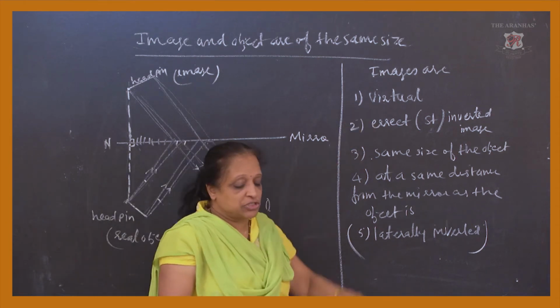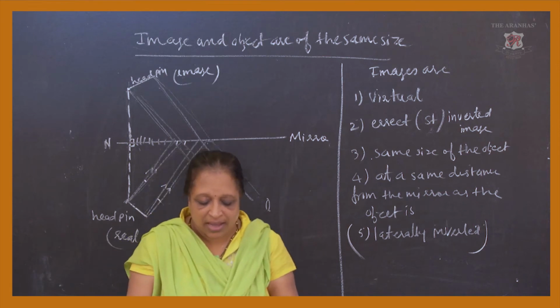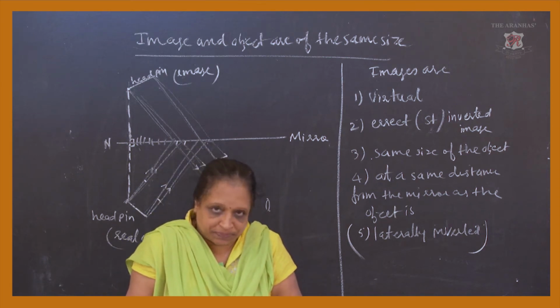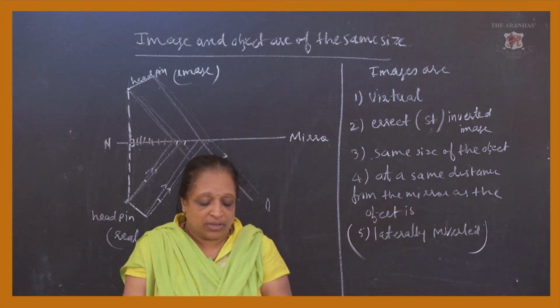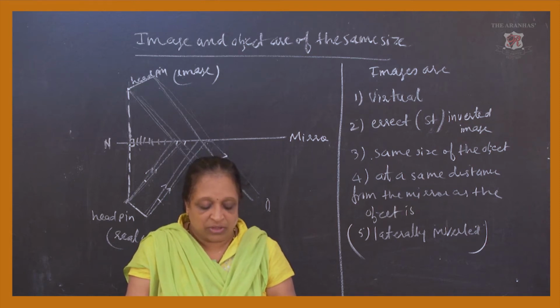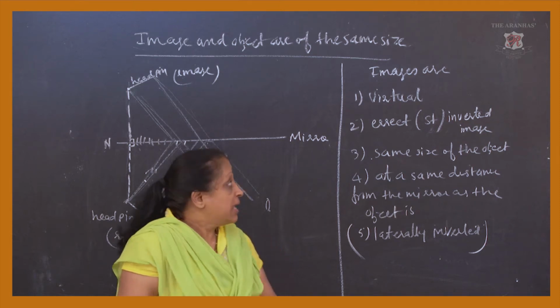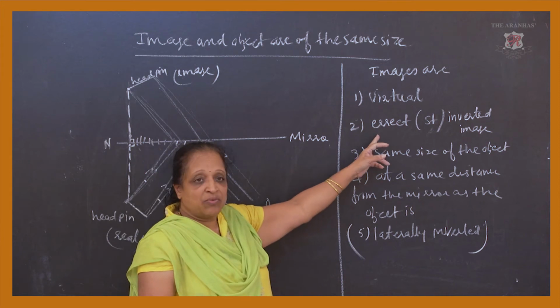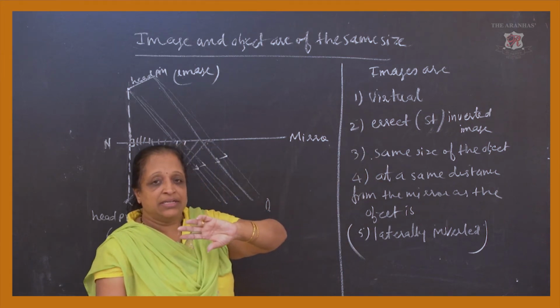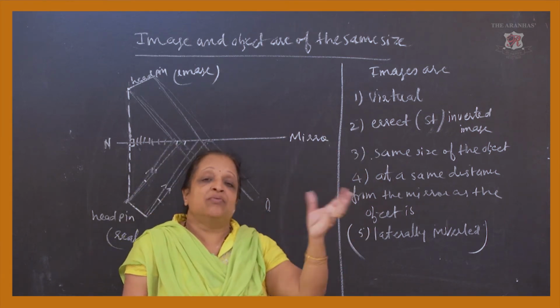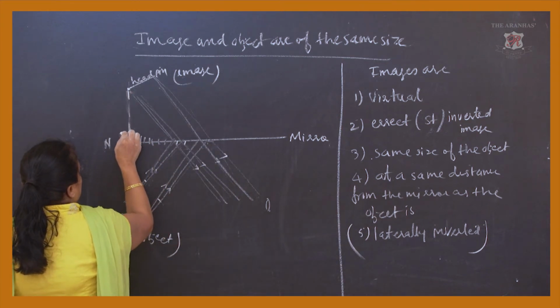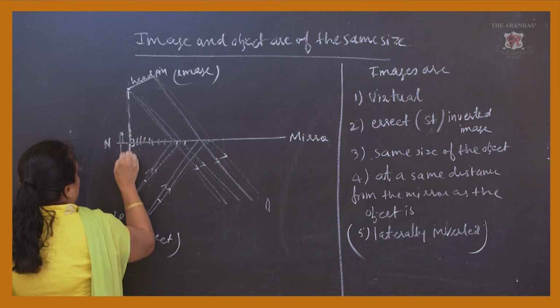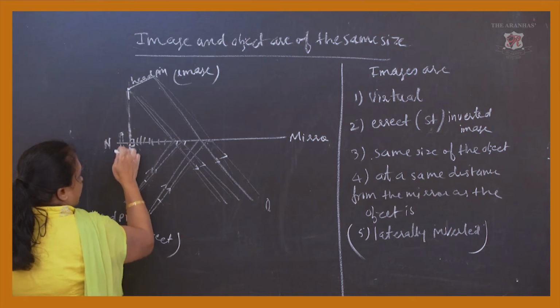First, virtual: we have already learnt that images which cannot be caught on the screen are called virtual images. Second is erect, and inverted is the condition that shows it is in the inverted position. For example, if you have kept a candle here, the candle will be shown in this inverted image.